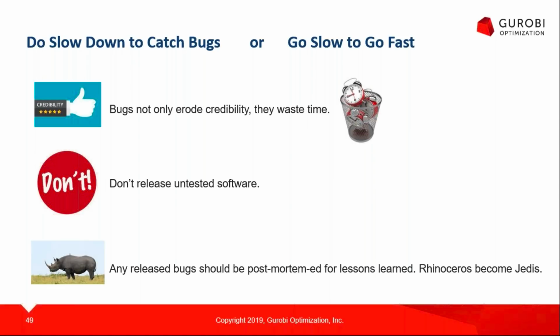Now, my final point on this slide is that we've got a little cute rhinoceros there, and I've invented the phrase, rhinoceroses become Jedis, right? This is in reference to rhinoceroses being famously thick-skinned. So what am I getting at with that? Dealing with the repercussions of released bugs is an area where emotional health and professional development diverge, right?